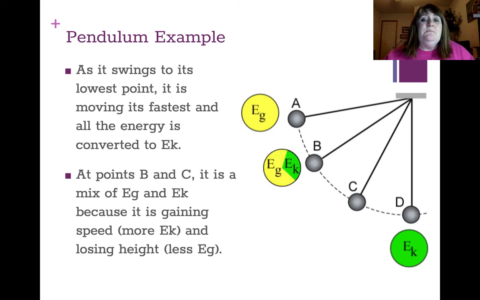So maybe B looks like this, where the EG portion is a little bit bigger, and C looks like this, where the EK portion is bigger. Again, a pie chart is just a nice way of looking at the thing as a whole. All of the energy is one of these two things.